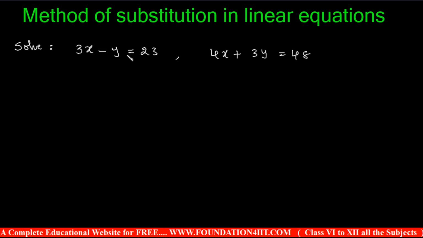For every linear equation there are infinite solutions. For this also there are infinite solutions. But for both to be satisfied, what is the common solution? That is what we should find out. There are methods of solving simultaneous linear equations. In the substitution method, we need to substitute the value of one variable in the other equation.